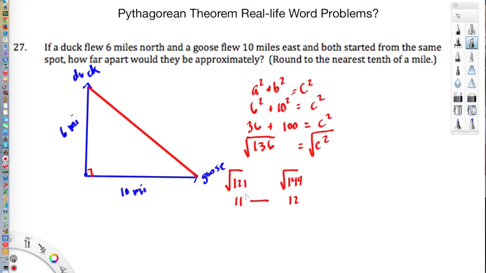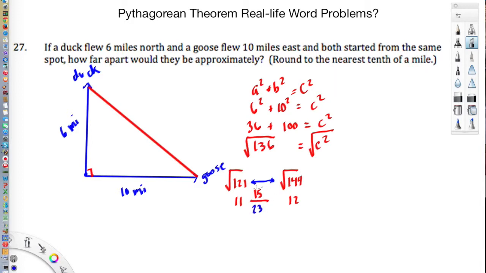Where do I get my numerator? It's going to be 11 and a fraction. The numerator is the difference between 136 and 121, which is going to be 15. 136 minus 121 is 15, and then the difference between these two will give us the denominator, which would be 23.